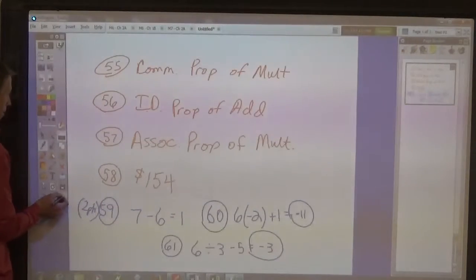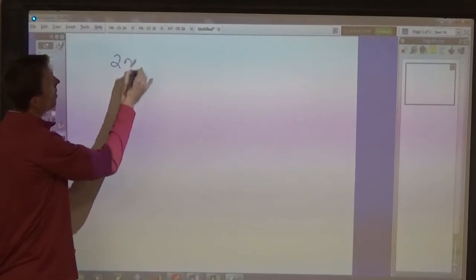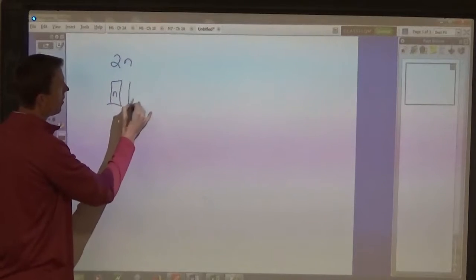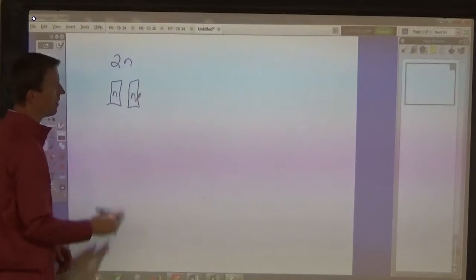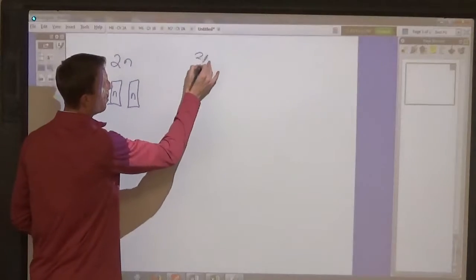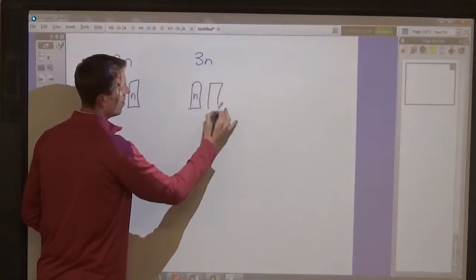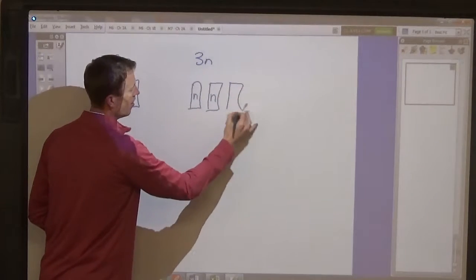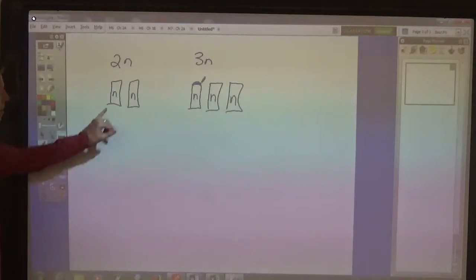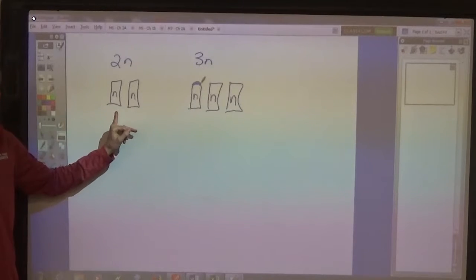So remember when you were doing models, you could model 2 n's as n, n, and this is 2 n's. And 3 n's, n, n, n. I know this one is rounded at the top. So these look exactly alike. These are like terms, right?